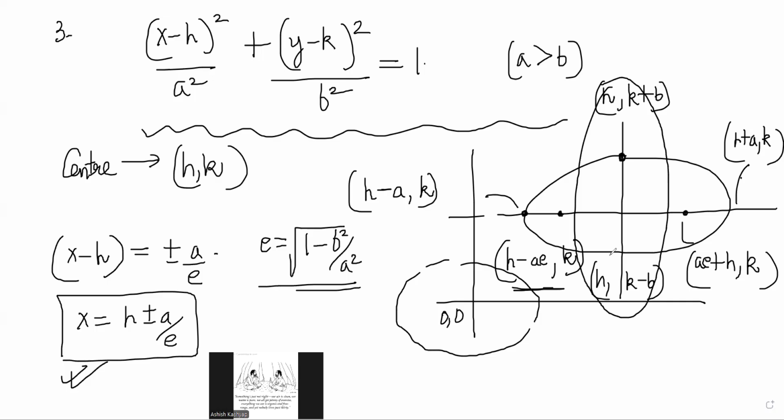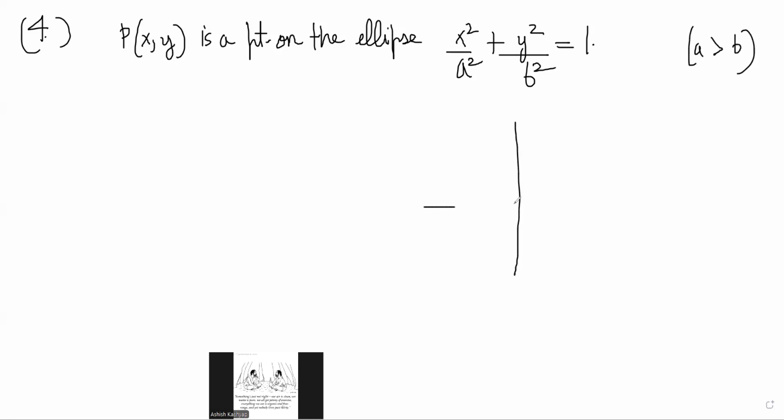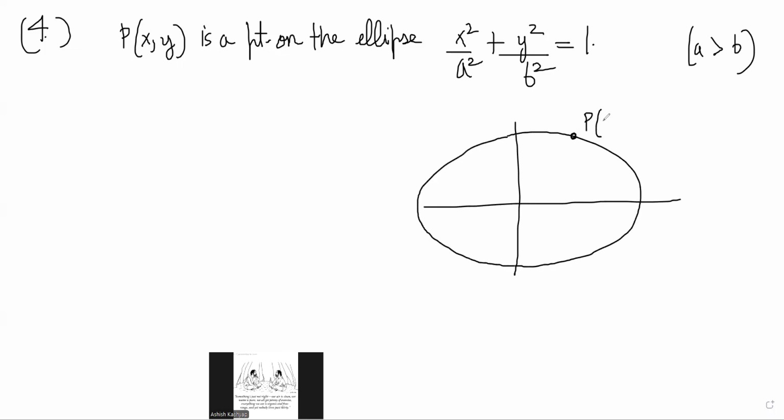Another thing that I wanted to talk to you about is you should understand this form. So if P(x, y) is a point on the ellipse, x square by a square plus y square by b square is equal to 1. And here let's assume that a is greater than b. It's the standard ellipse. So one way to think of this equation of the ellipse is, if you think of P as a point x comma y here, drop perpendiculars on the major and the minor axis.